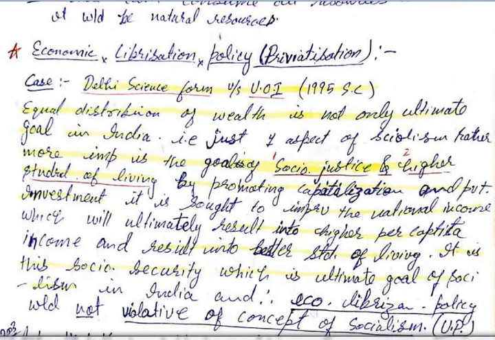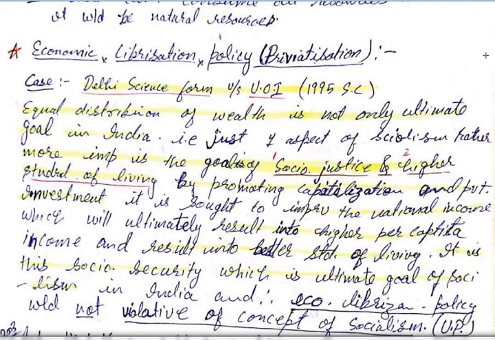Ultimate goal of socialism in India is social justice, higher standard and better standard of living. तो अगर higher national income से better standard of living attain होता है, so that is also the serving of the purpose of socialism, and therefore this policy is not against the concept of socialism in India. This policy was not against the concept of socialism in India.